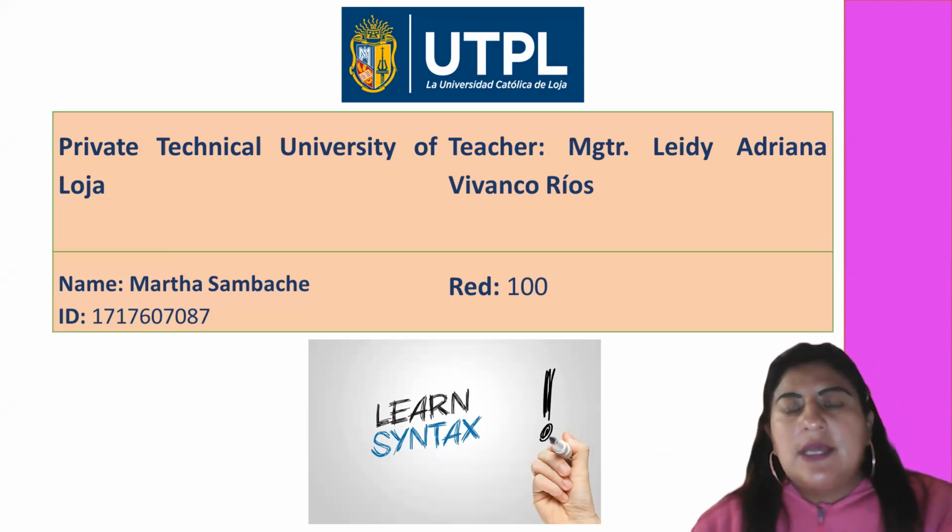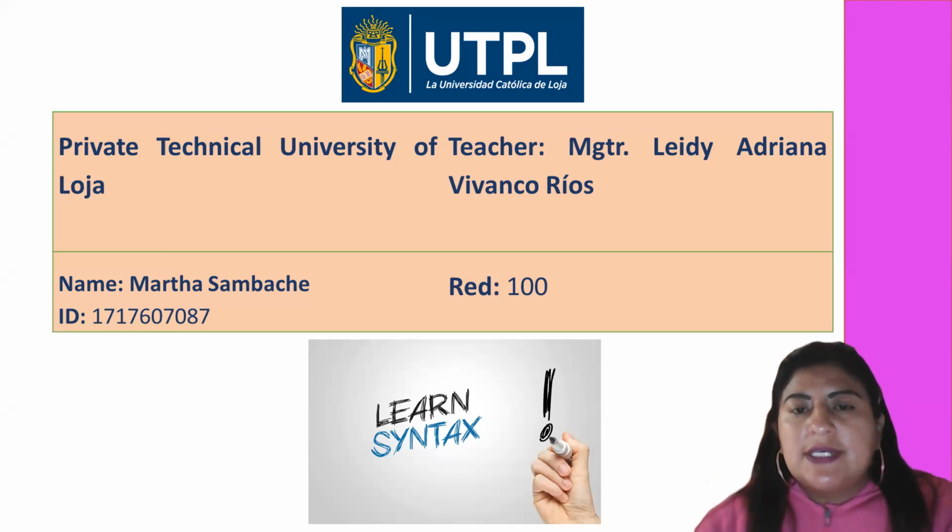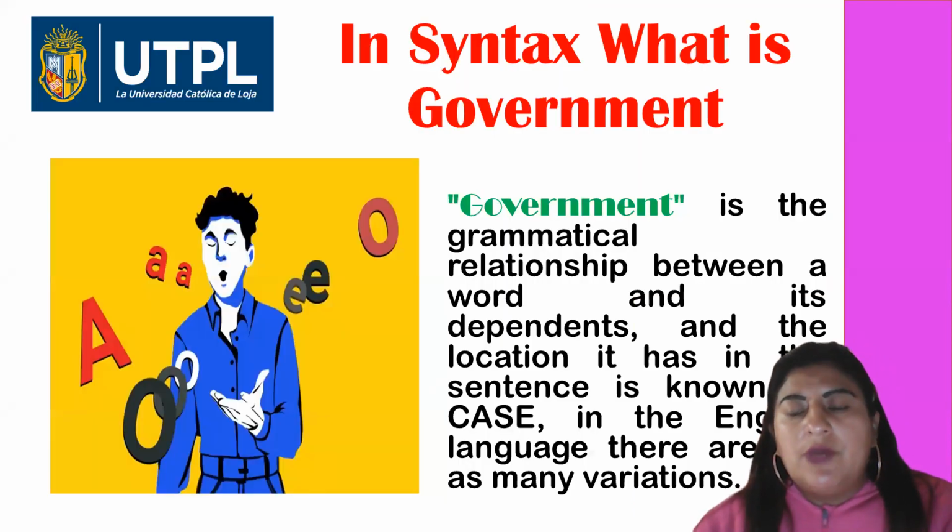In this subject syntax, we talk about a very interesting topic. We learn about government. First, government is the grammatical relationship between a word, and it depends on the location it has in a sentence. In no case in English language are there as many variations.